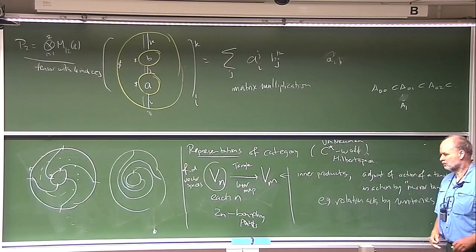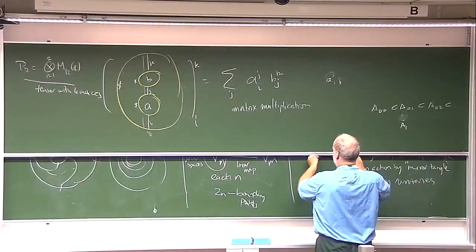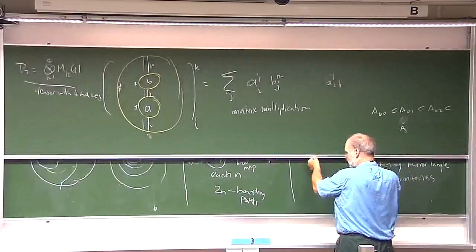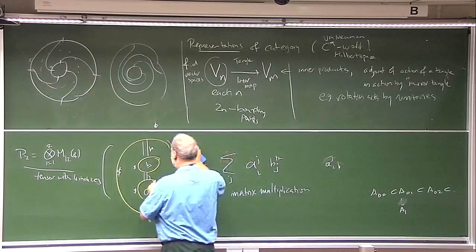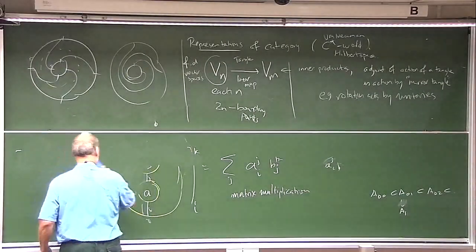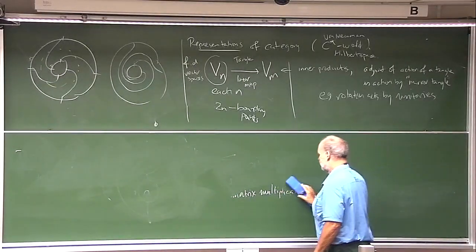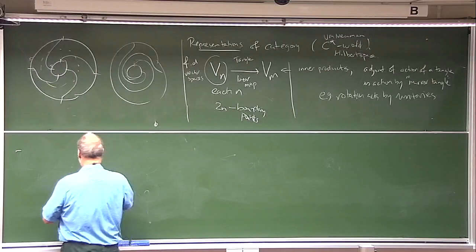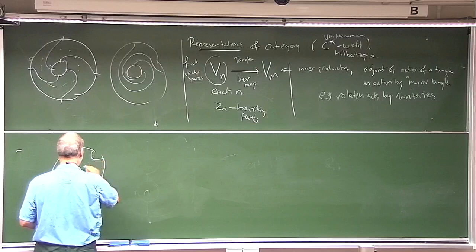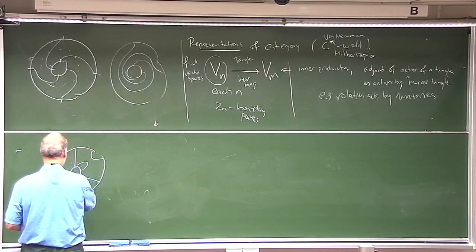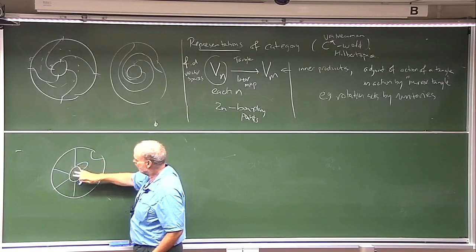Okay. And this, one more, perhaps. If you take a tangle like this, then this is self-adjoint. If you reflect this one around, you get the same thing.